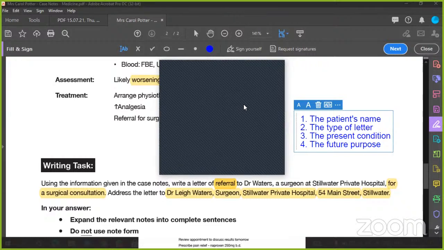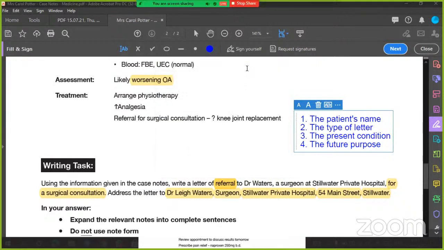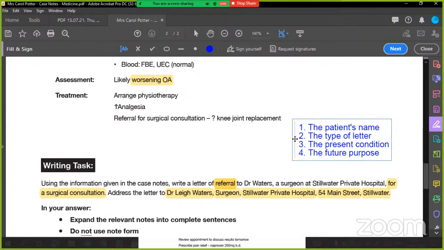Now these are the 4 things you can use: the patient's name, the type of letter, the present condition.